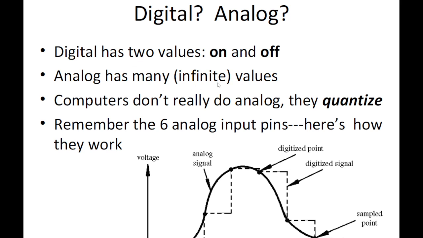Analog has many states, theoretically, mathematically, an infinite number of values. The world is analog. As you see, this is an arbitrary signal, this solid line, and it is very continuous.